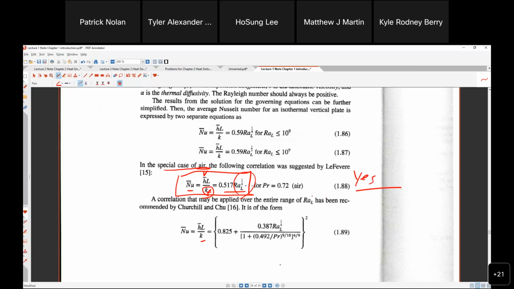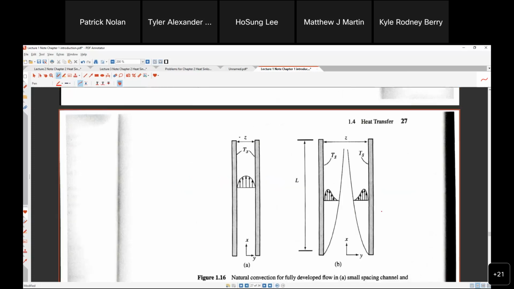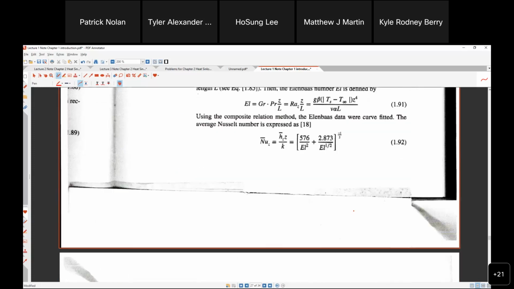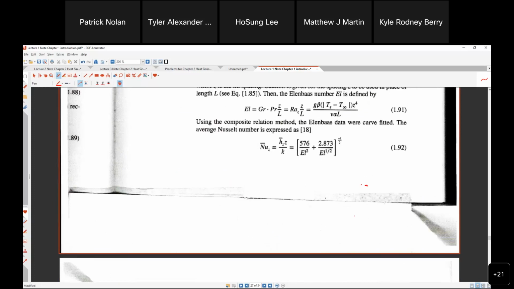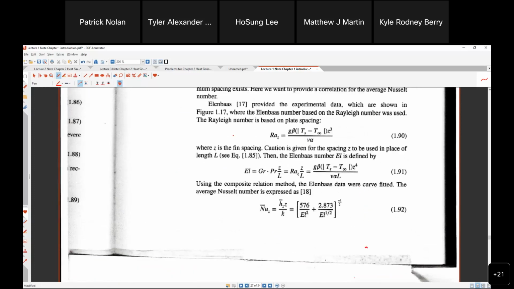I think that is a very typical analysis. This is the vertical plate, but if we have two plates, we suggest L m-bar.